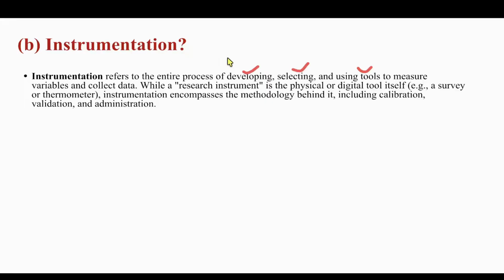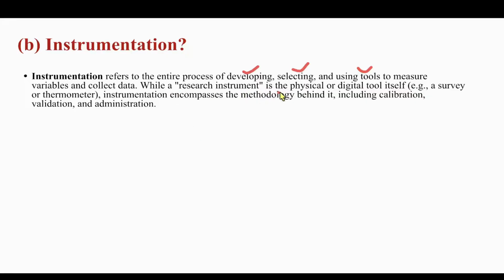Sometimes we develop our own, so we have to submit it as an attachment. We can submit it as an appendix in a research article, so that the editors and reviewers can also see how you are attempting to measure the variables which we are addressing in our research article.